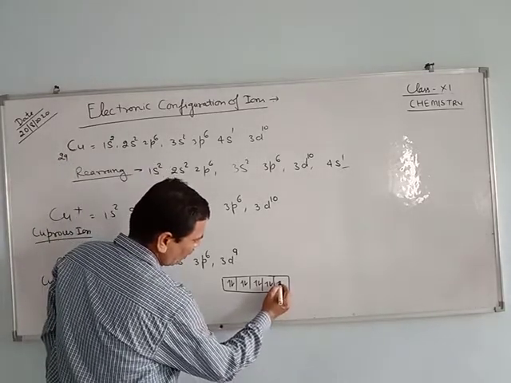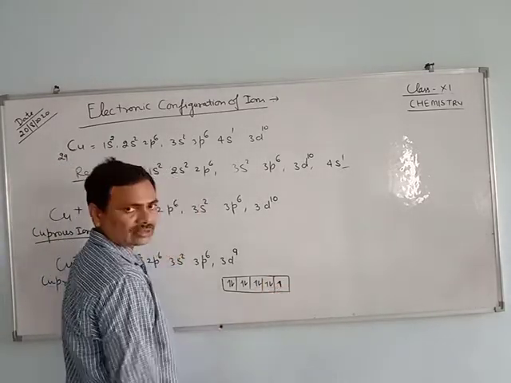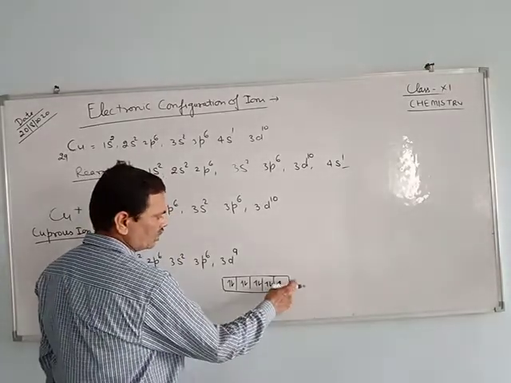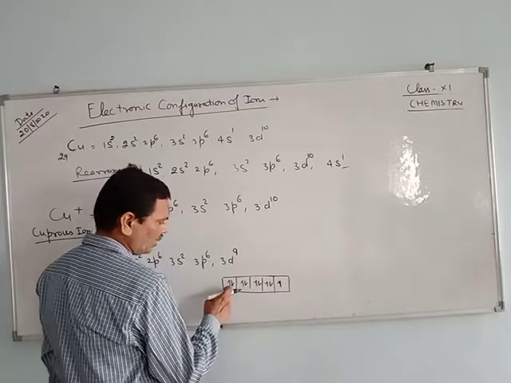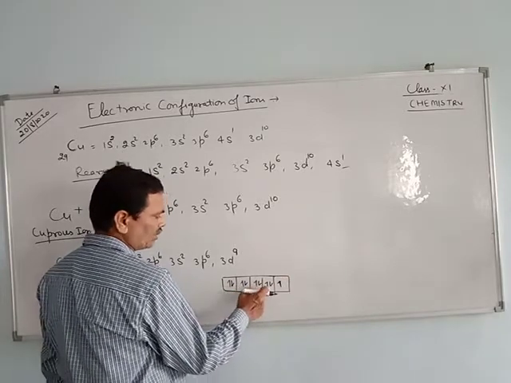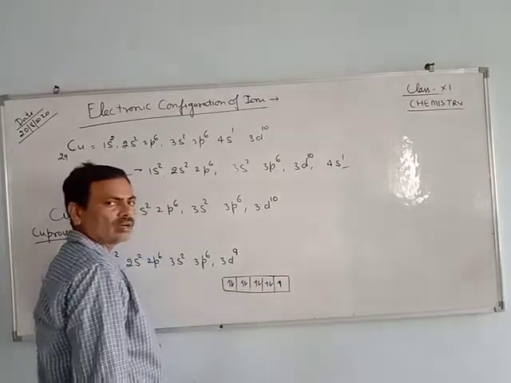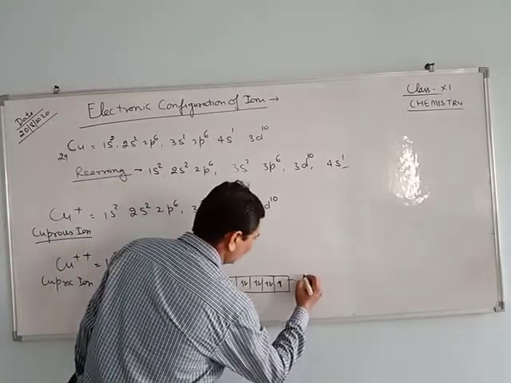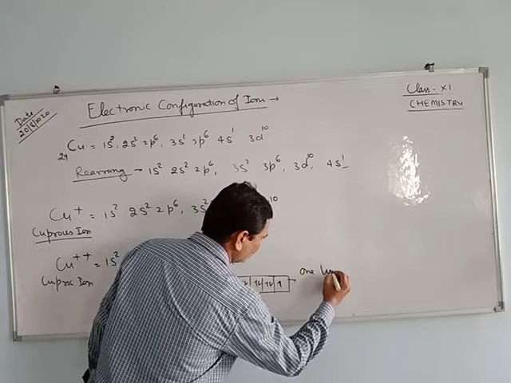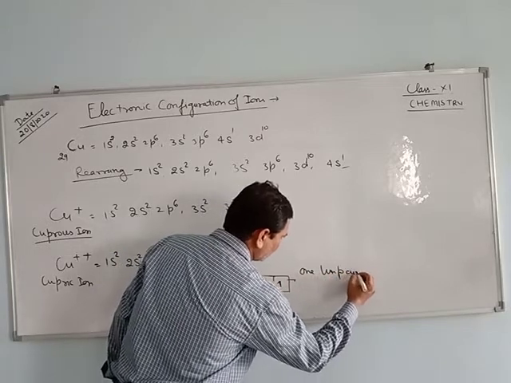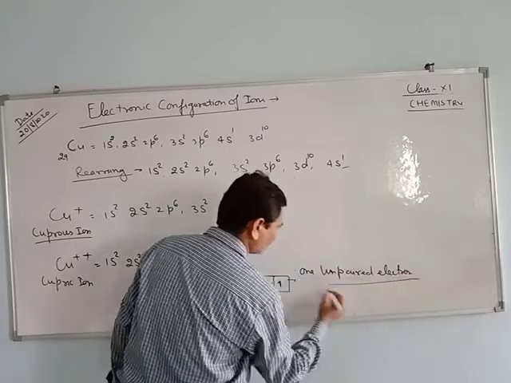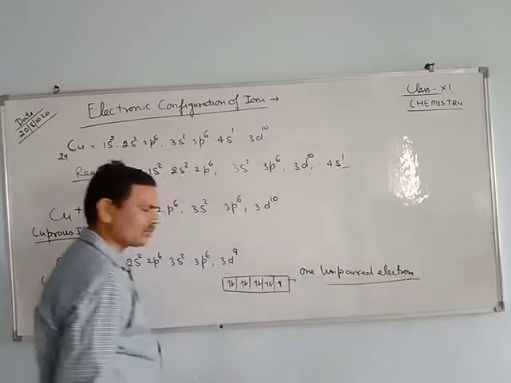Four orbitals contain paired electrons, but this orbital contains only one electron. It has one unpaired electron.